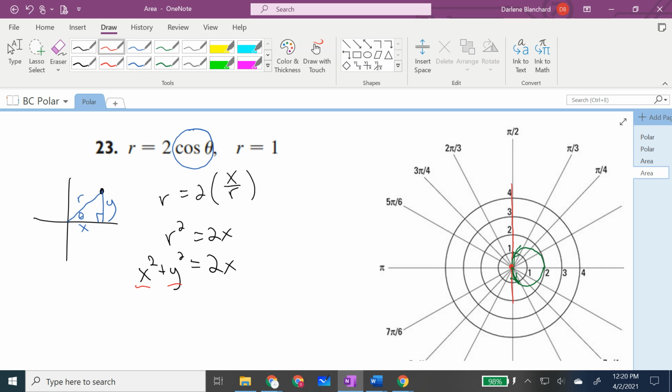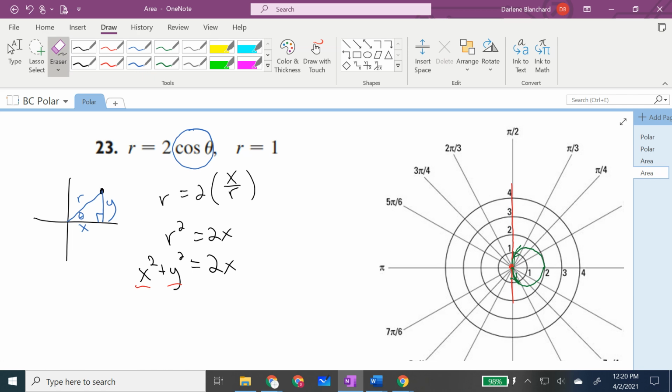Not going to do that right now. I just want to emphasize, though, based on this equation, you either have a circle or you have just a point, or you have something that is not visible in the real plane. So we know it creates some kind of shape. It must be a circle.